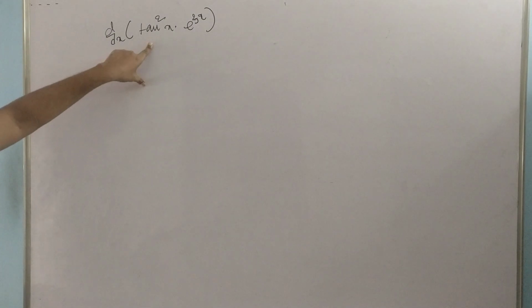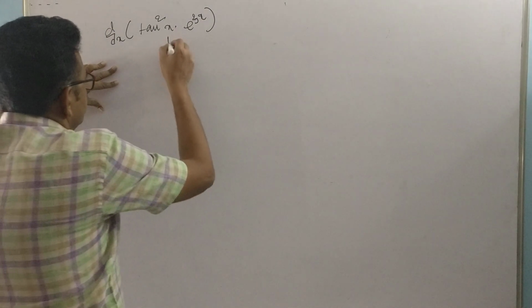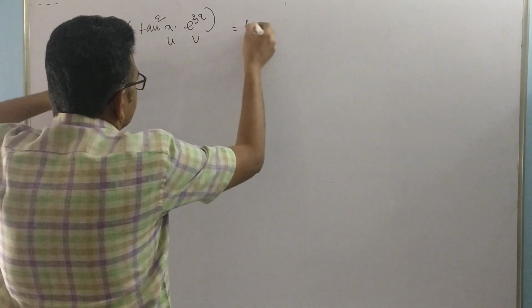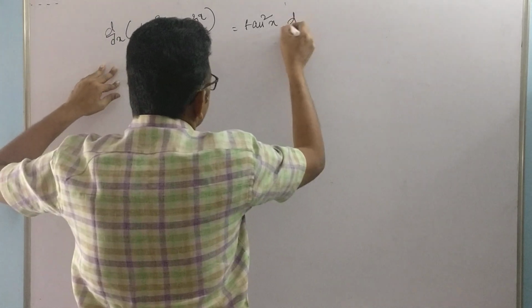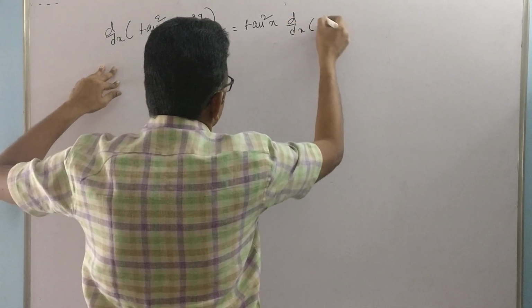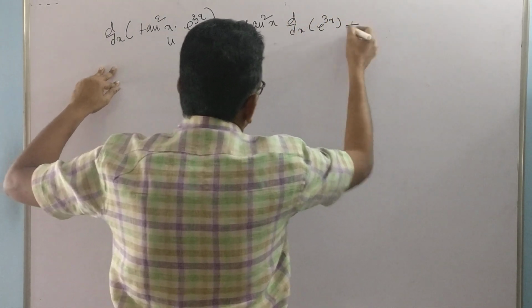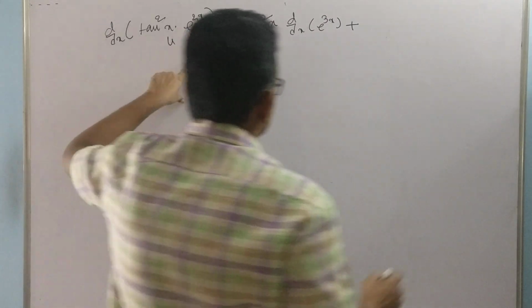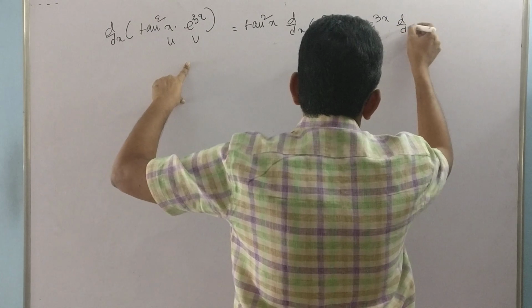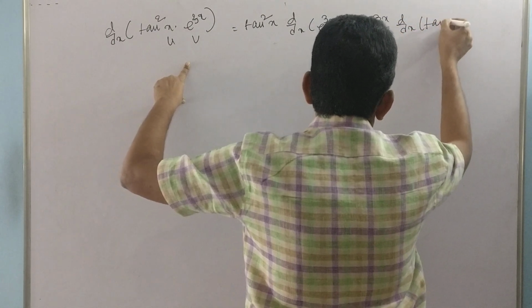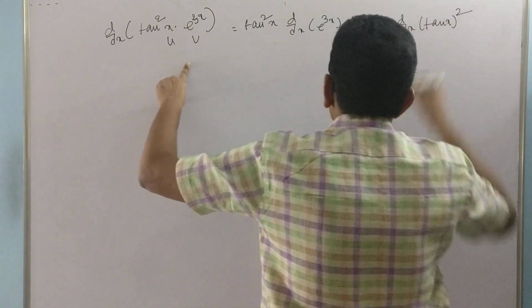So this is also uv form: first function into derivative of second function, plus second function into d by dx of tan square x, that is tan x whole square.